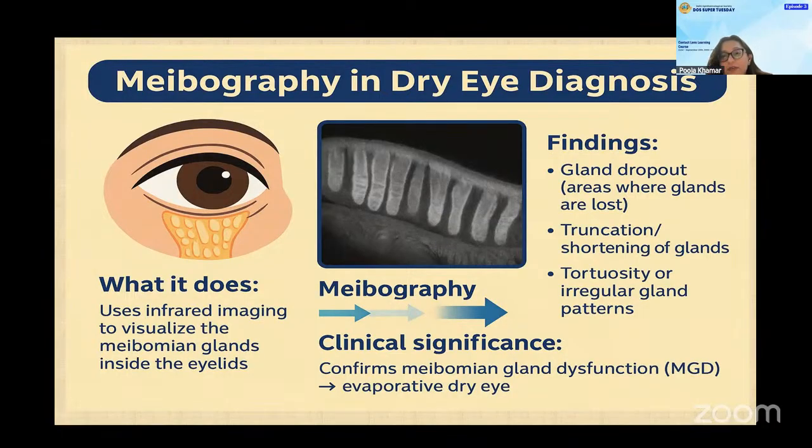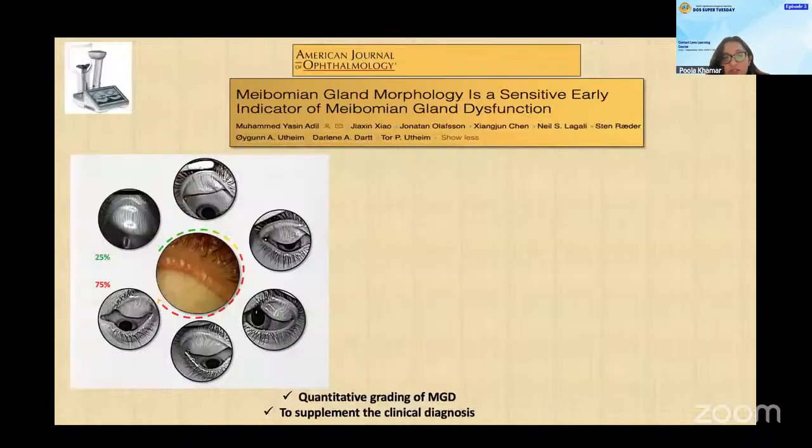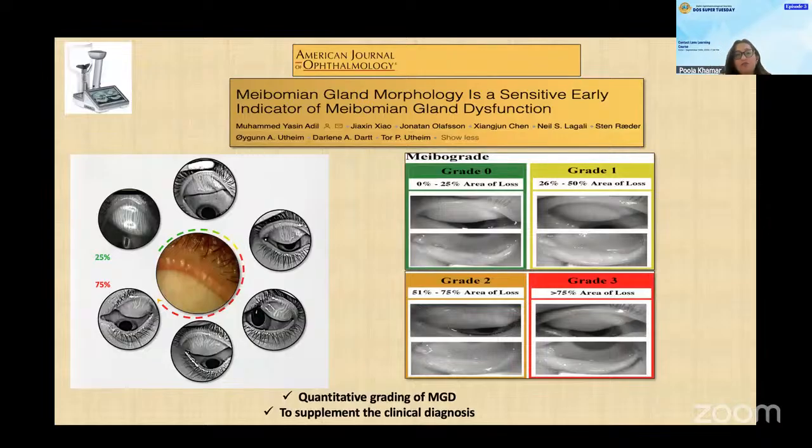It can tell you whether there is gland dropout, truncation or shortening of glands, tortuosity or irregular gland patterns. It confirms whether there is MGD or not, and it also tells you the stage of it.